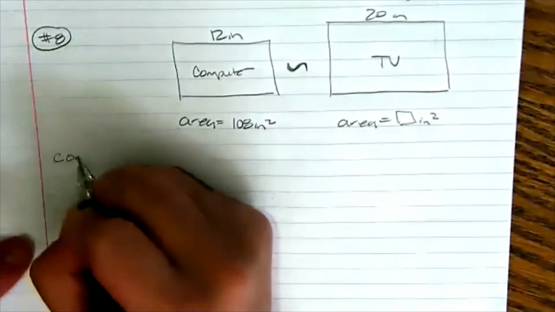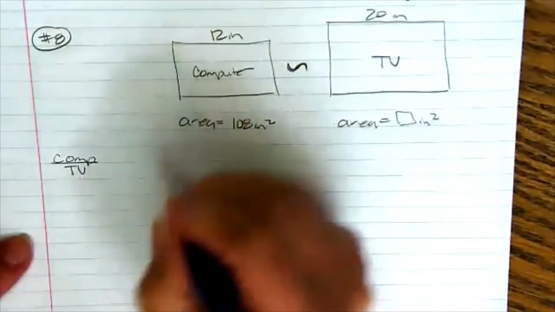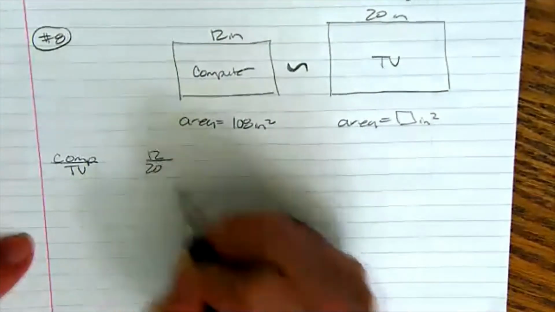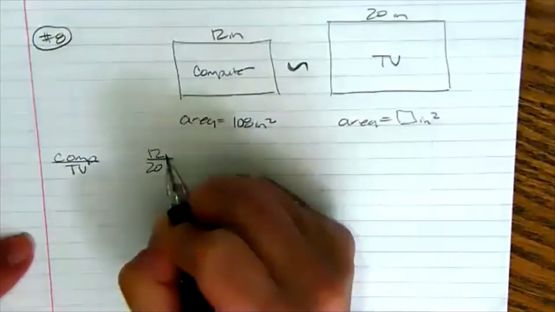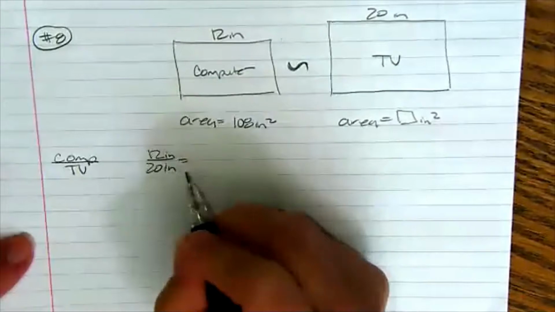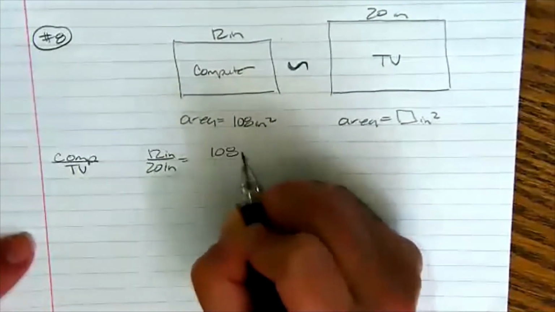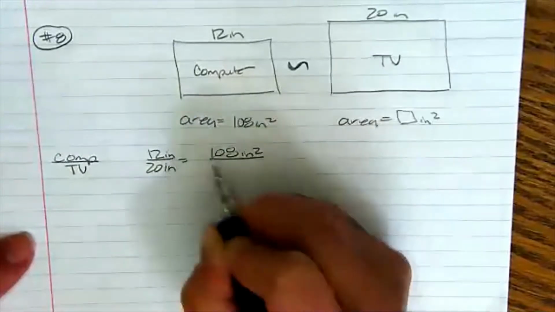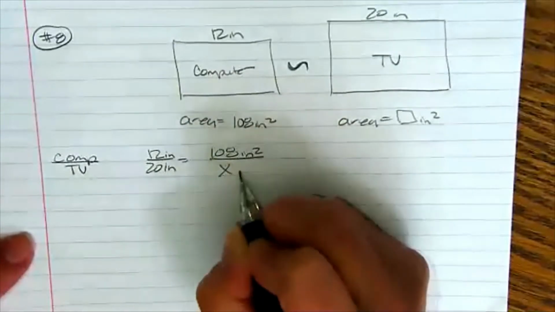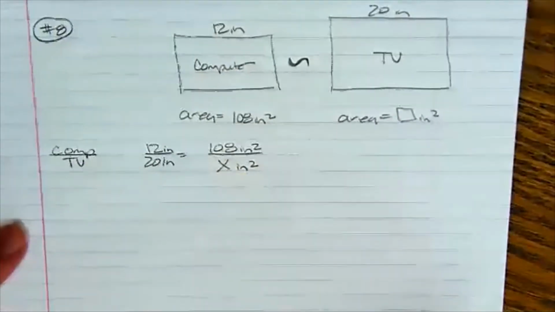Our proportion is going to be the computer over the TV. So the length of the computer is 12 inches, while the length of the TV is 20 inches. Okay, and that should be equal to the area of the computer, 108 inches squared, and we want the area of the TV, X inches squared.